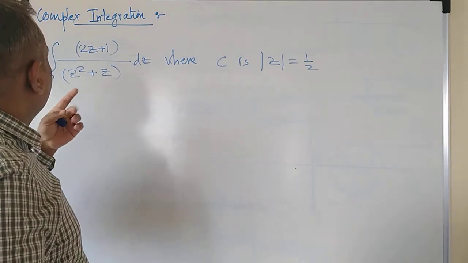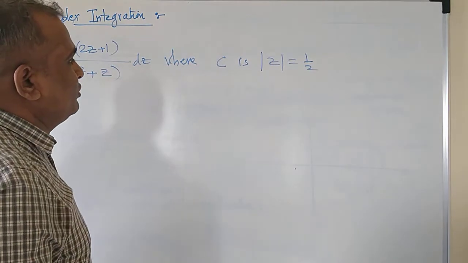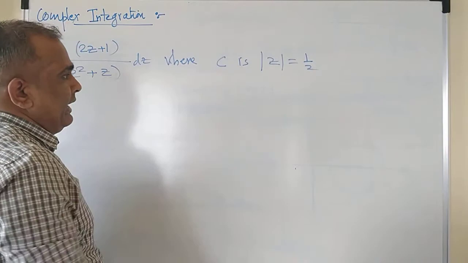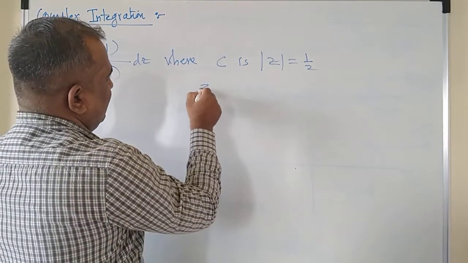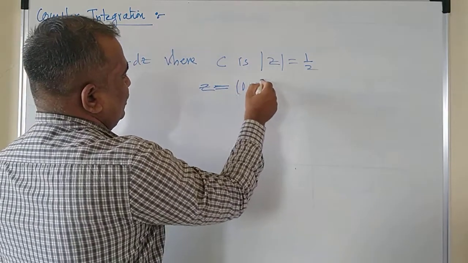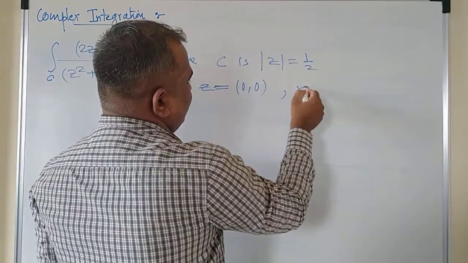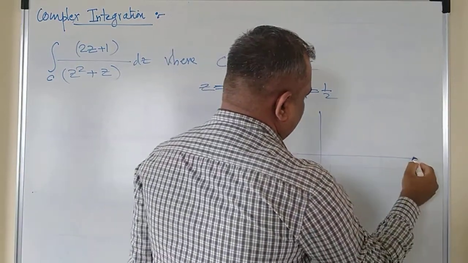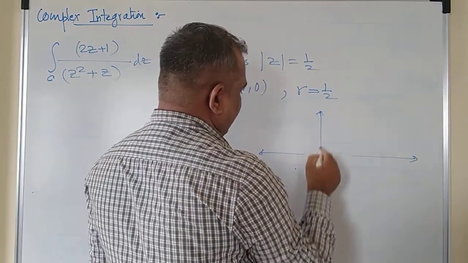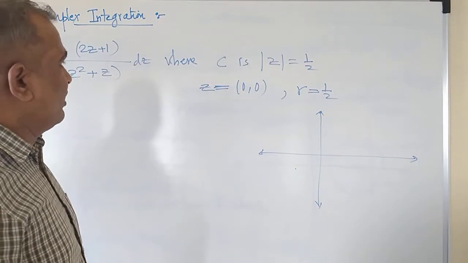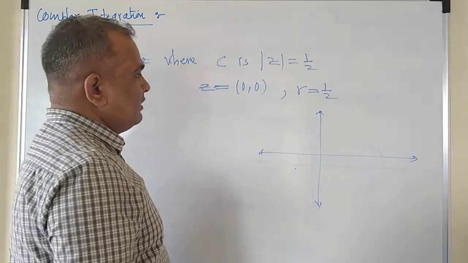right? Now this contour gives you information about its diagram, and it's a circle with center z equals 0, that is (0, 0), and how much is its radius? Its radius is half, and therefore from this information you can draw the figure for the given complex integration.